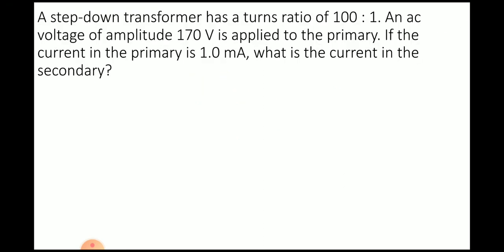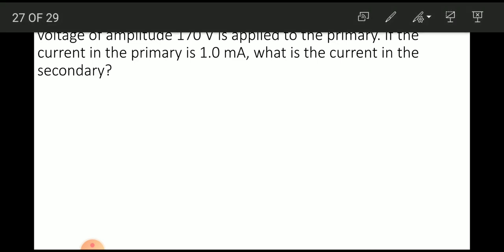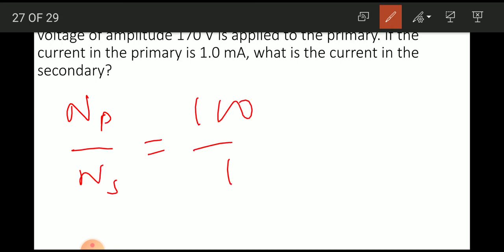A step down transformer has a ratio of 100 to 1. Step down transformer: the number of turns in the primary coil is greater than the number of turns in the secondary coil, 100 divided by 1.